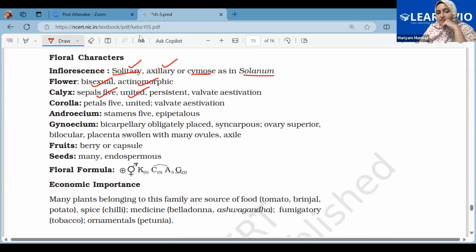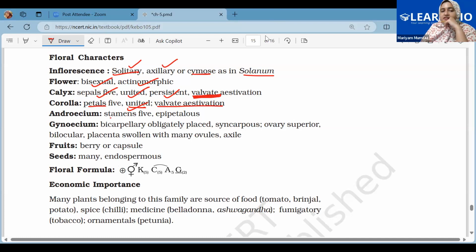They are united, meaning they are fused. So, gamopetalous. Then they are persistent, like the petals don't fall off. And the estivation that they have is valvate. Is any overlapping present in valvate or not? No. Very good. Corolla, 5 of them are there, and they are also fused, meaning united. And again, valvate estivation is found in corolla as well.